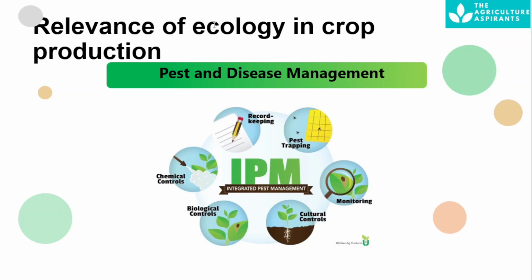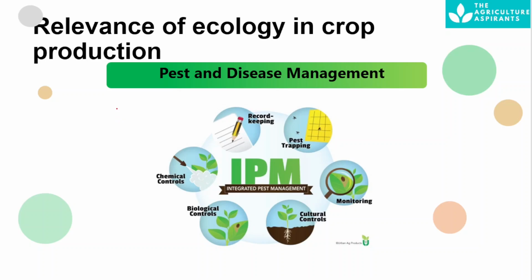Pest and disease management. If you know that a particular environment or ecosystem has a high pest population or disease incidence, like cotton bollworm, you will not grow that cotton in that area. You will replace that crop with another, or replace the variety and grow a bollworm resistant crop like Bt cotton.